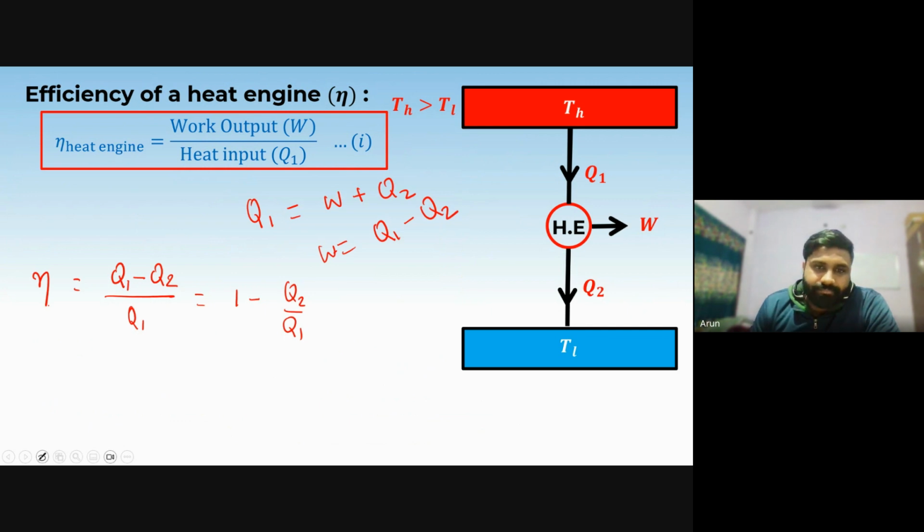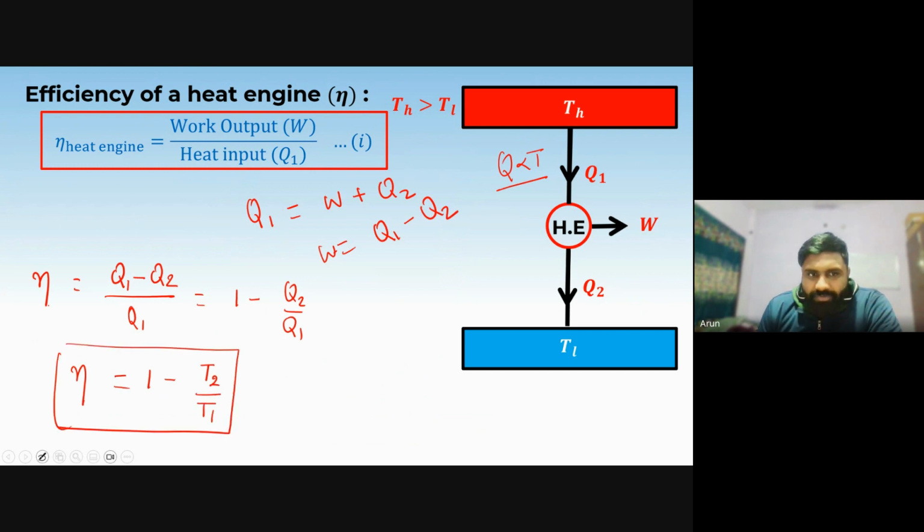So in thermal expansion or calorimetry, you will see that we can replace these Q with the temperatures. Okay. So Q is directly proportional to temperature. So eta equals 1 minus T2 by T1. This is the final efficiency that you have in a heat engine. Okay.